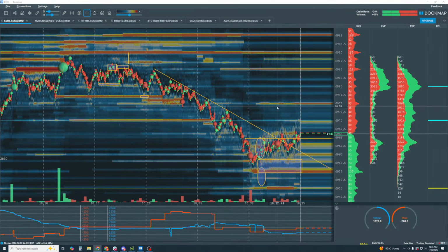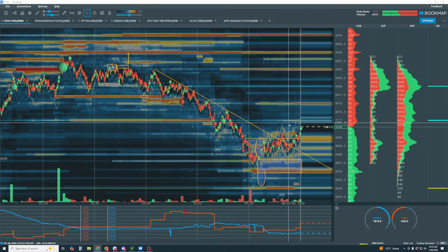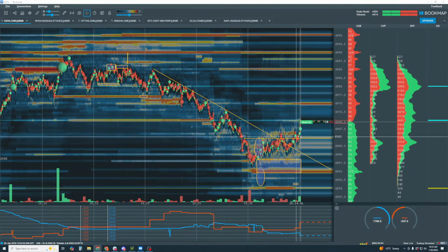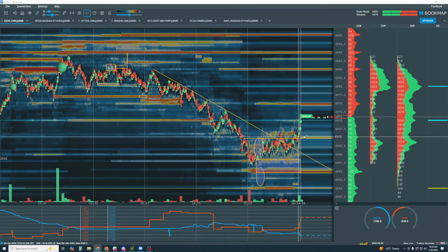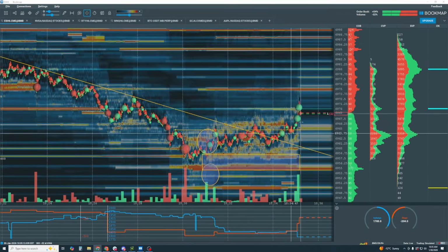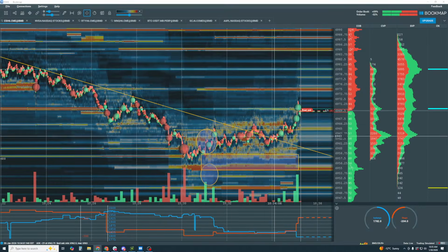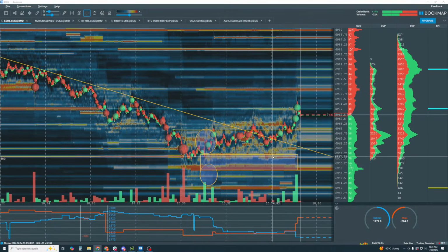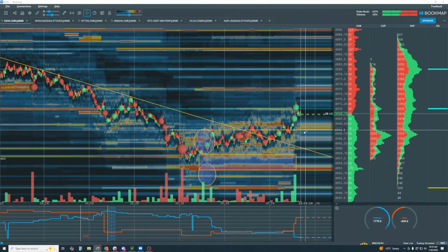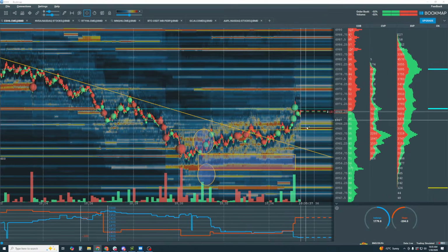So there are still tech jitters out there, and I would have missed this, guys. We put it out, and even this one here, I don't like it. I'd look for one more hit lower here, but as you can see, we see the buyers coming in here. Looks pretty good.